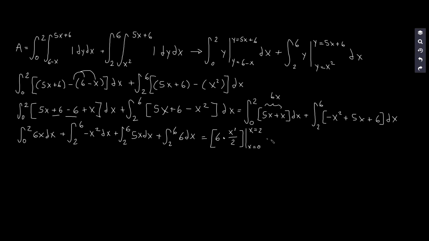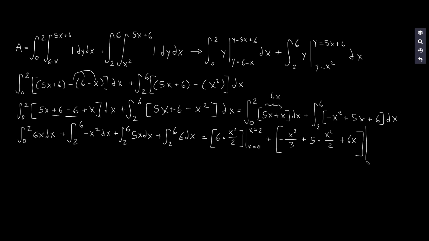So let's just do this. Plus negative x raised to the third over 3 plus 5 times x raised to the second over 2 plus 6x.